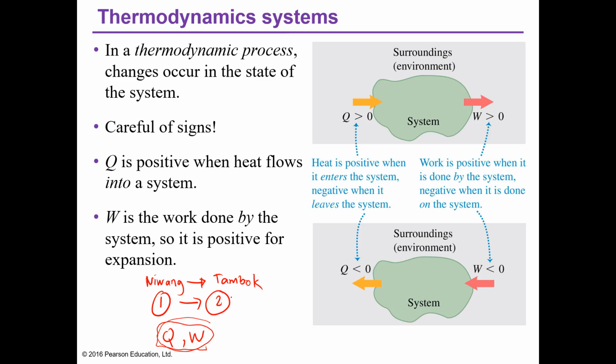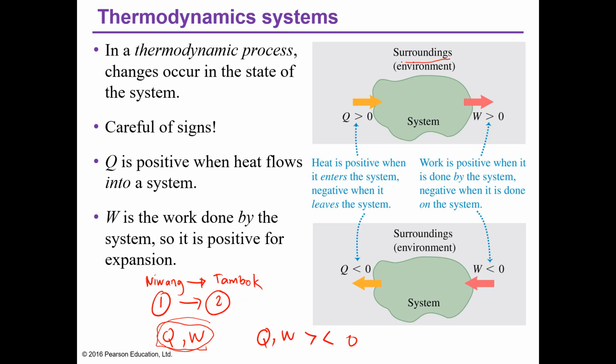And we have to take note here that Q and work can be positive, can be negative, and can be zero. So when is Q positive, when is Q negative, when is work positive, when is work negative? So Q is positive, take note of this, take note of the figure. The green one is your system and the outside is your environment or your surroundings.